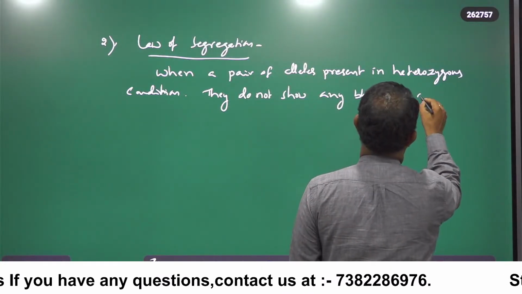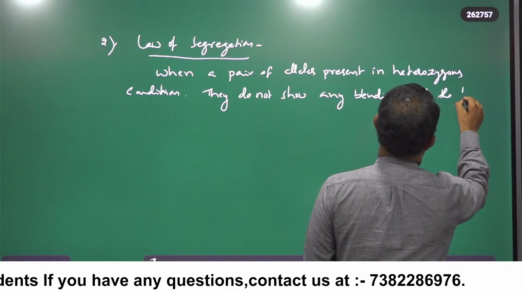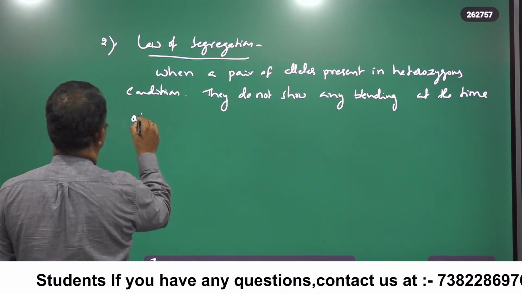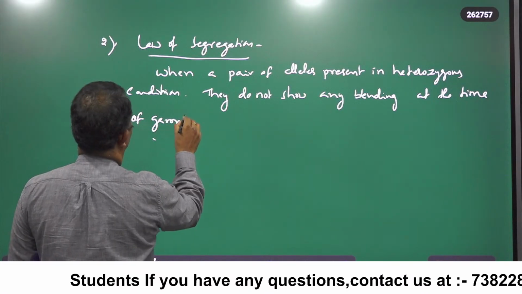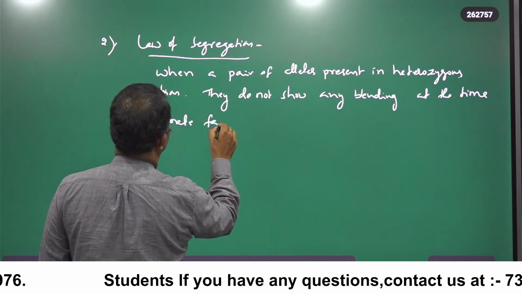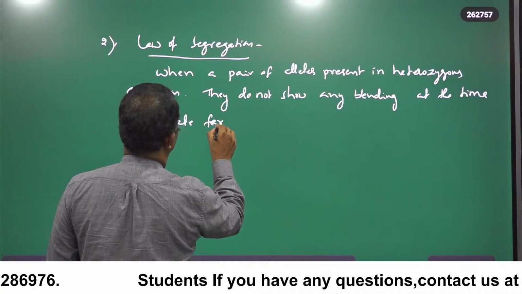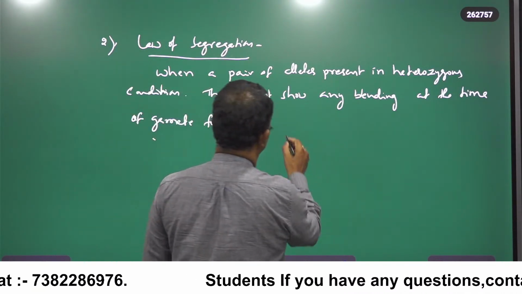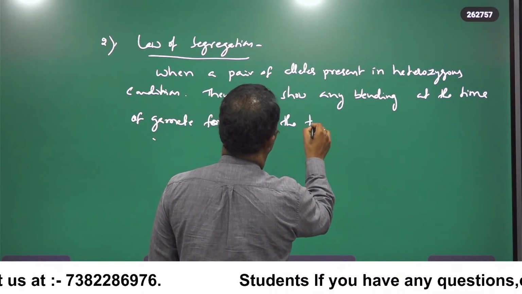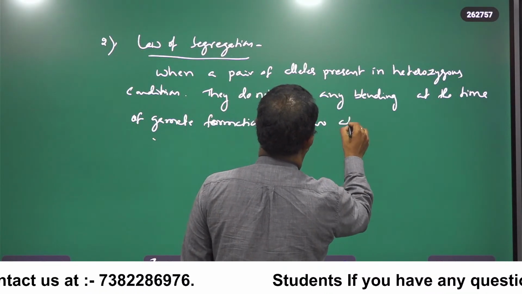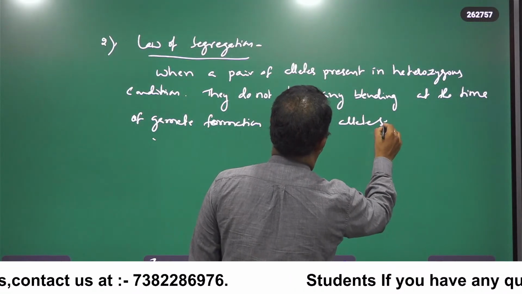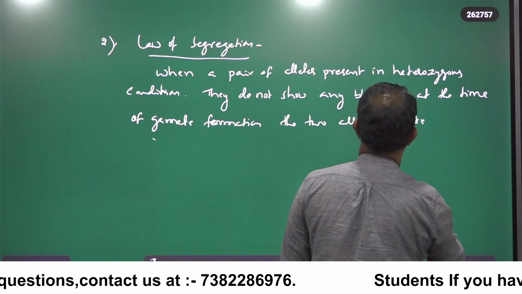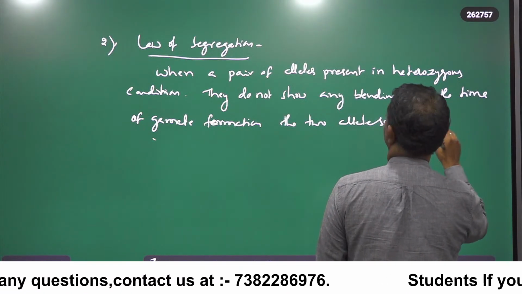At the time of gamete formation, the two alleles segregate without blending.